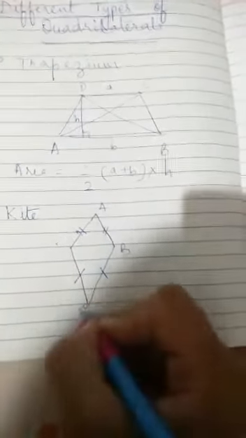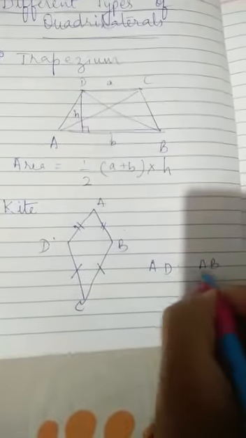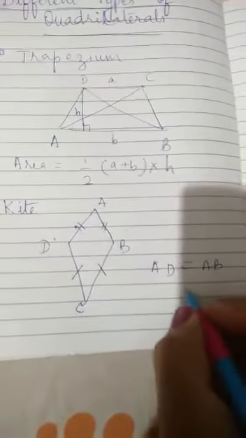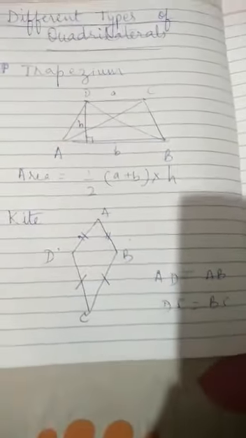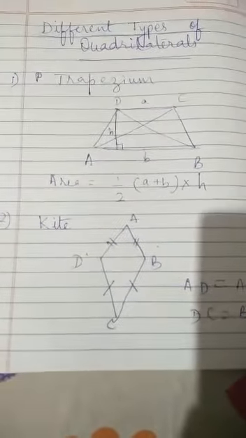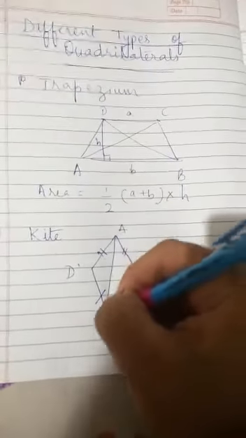If we call this kite ABCD, then AD is equal to AB and DC is equal to BC. So a kite is a special kind of quadrilateral. AC and BD are the diagonals of the kite.